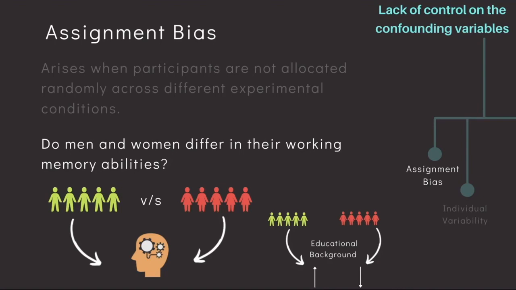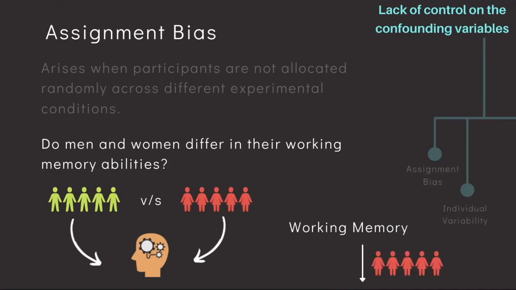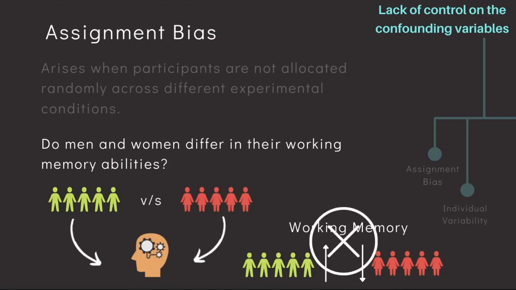After the study is conducted, it's possible that you find that women have lower working memory abilities than men. While it is possible that this is correct, it is well possible that this conclusion could be erroneous and affected by assignment bias.